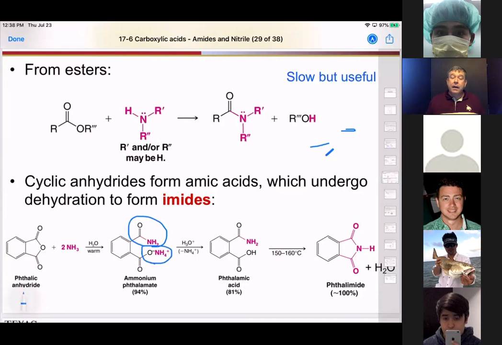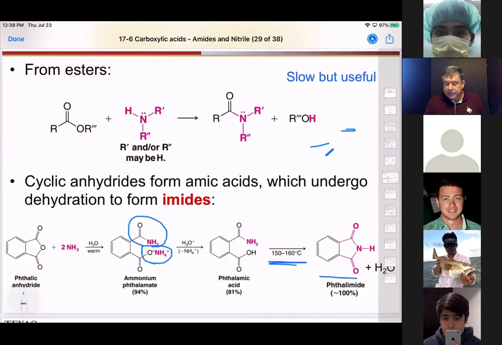Because we have the opportunity to form a five-membered ring here, we can just mildly heat this, a little over 150 degrees, and it'll cyclize that material, forming a new functional group we haven't talked about, which is a nitrogen with two carbonyls on it, and that's called an imide, I-M-I-D-E.